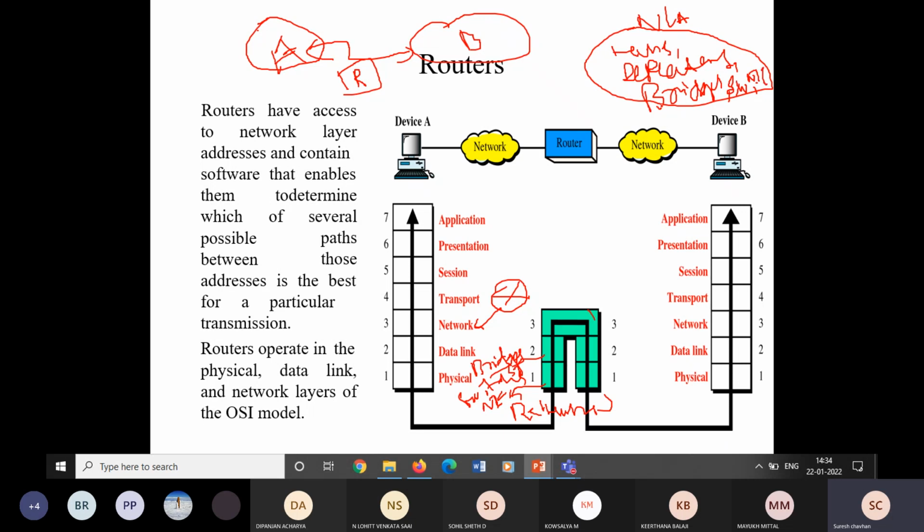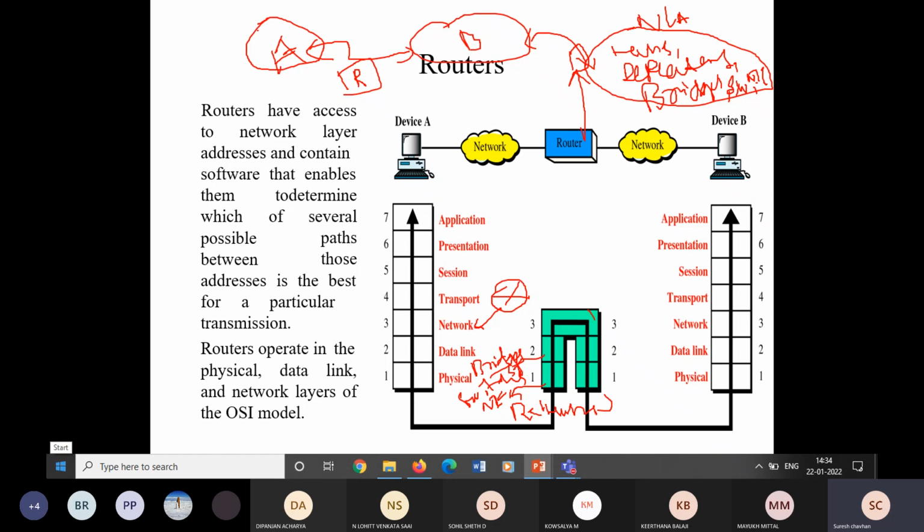These devices can work efficiently only within the network. And suppose you want to send some information from this network to this network, right? Then we need a router.